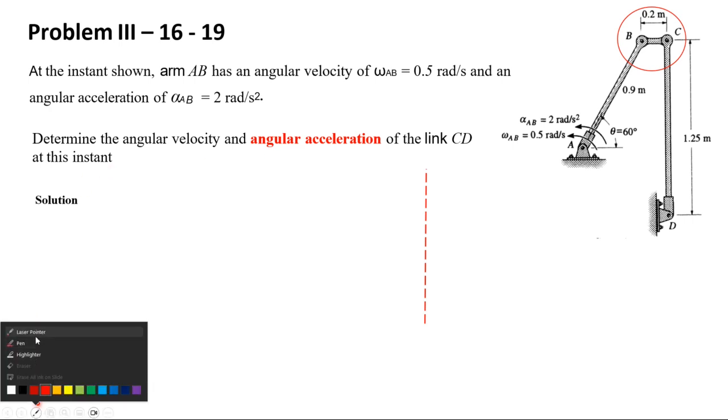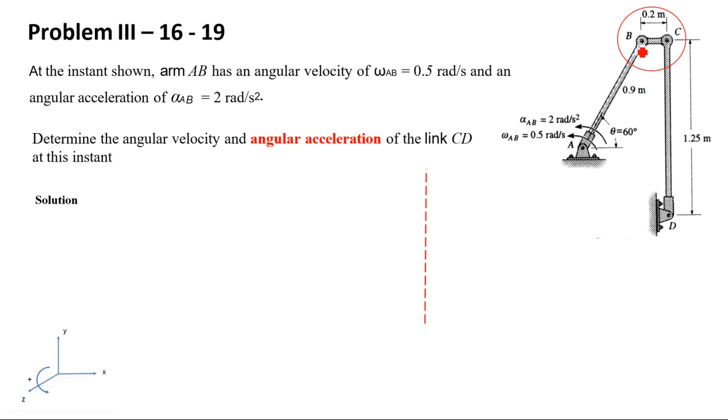But before that, I can show you that when this link is going to go in that direction, we're going to have a velocity that's perpendicular to it. And this movement is going to bring that link to that direction, and then we're going to have another velocity going in that direction. We can see that these velocities are not parallel.